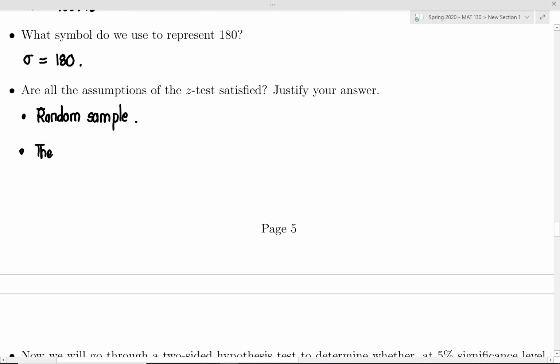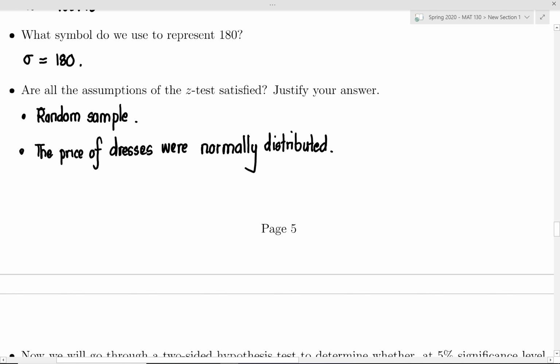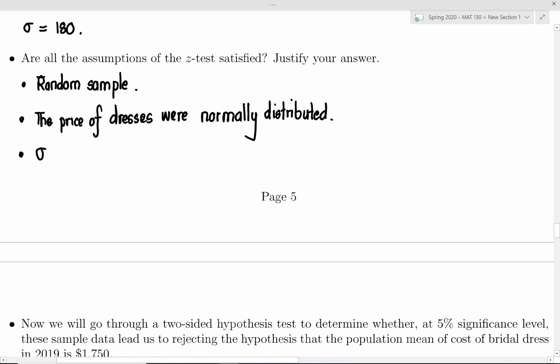The price of dresses were normally distributed. The final thing we need to check is whether the population standard deviation is known or not. If we want to use the z-score, we need to know the population standard deviation, and in this case, sigma is known.